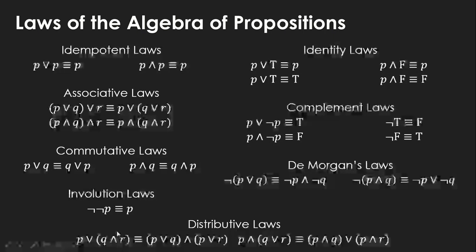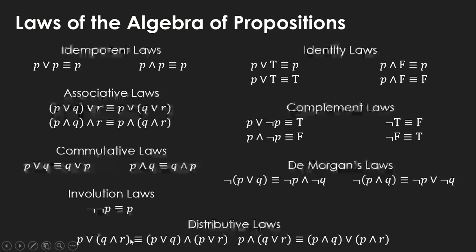We are distributing the operators. Notice that we have P or Q, and P or R. It's the same if you just interchange the operators. Notice that what is outside is what is inside in the first statement. So, you distribute P and its operator individually to the statements that are inside the parentheses.